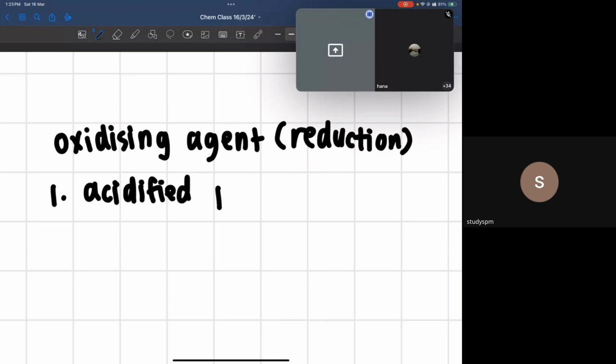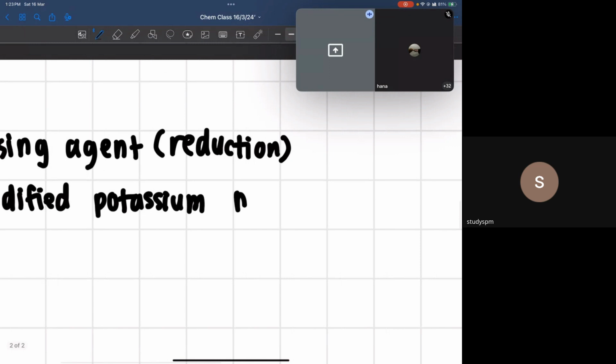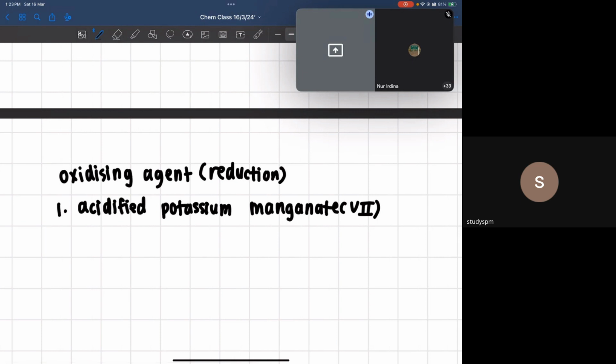Actually, why must be acidified? I questioned myself a lot when I first learned this. Why not just potassium manganate(VII)? Why must it need acidified? Actually, the acidified is to produce water. The acid will react, and then it will produce water at the end of the product.